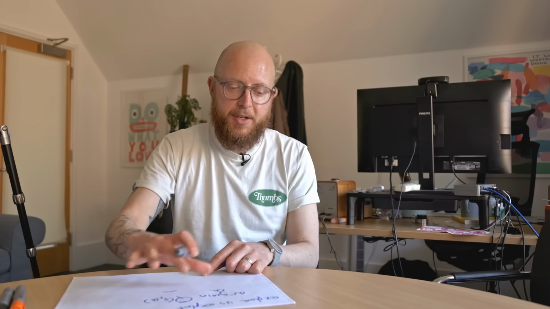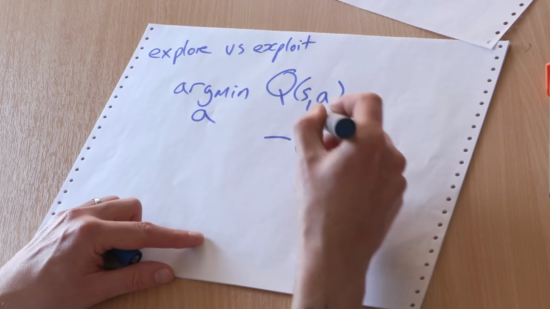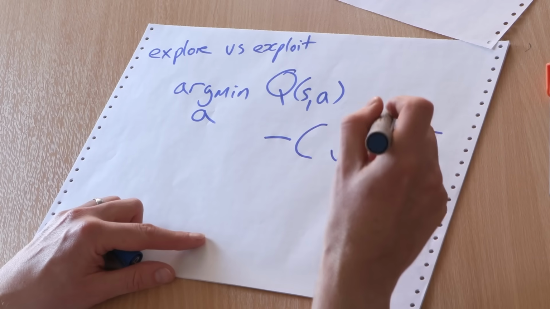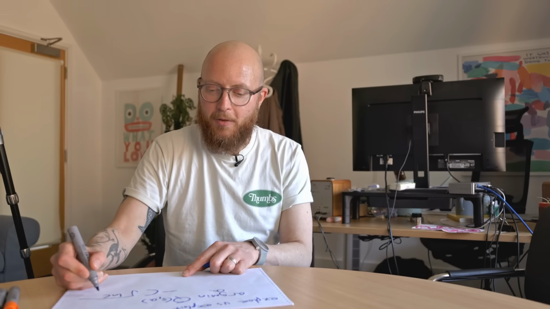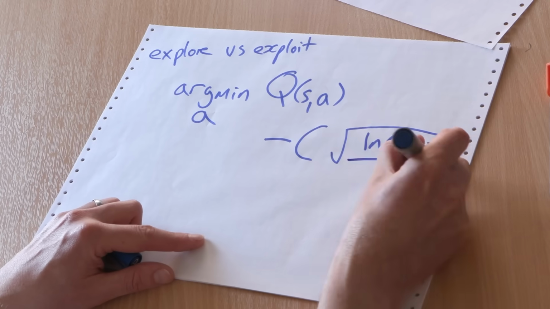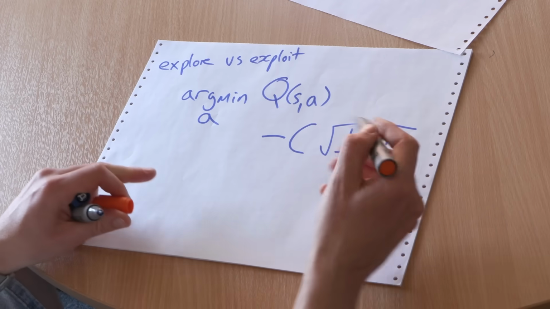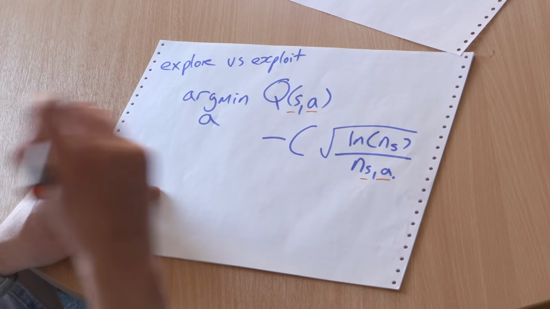So this minimization is over the whole thing, which is we're going to minimize this minus some constant, and then we're going to take the square root of the natural log of the number of times that we've visited the state, and we divide it by the number of times we've taken this action in this state. So these state and actions are the ones up here.